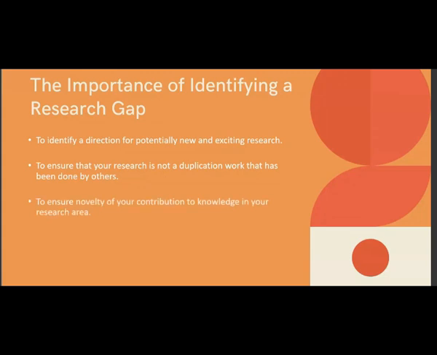The next one is to ensure novelty of your contribution to knowledge in your research area. This is also very important because one of the fundamental criteria in a PhD is contribution to knowledge, and also the practical contribution to the industry, to the society, and so on.